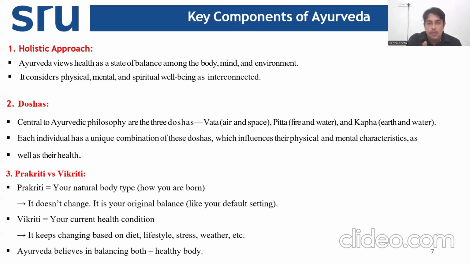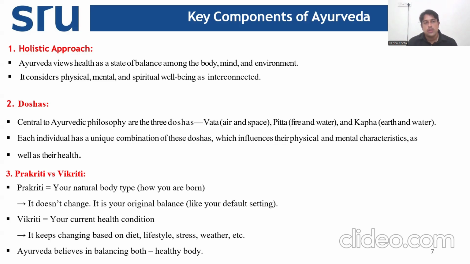For example, there is a problem with Vata, maybe the issue is something related to respiration or any other issue. If there is a problem in Pitta, the Ayurvedic treatment will be according to that. If all three are well balanced in the body, Ayurveda considers that body a healthy body.